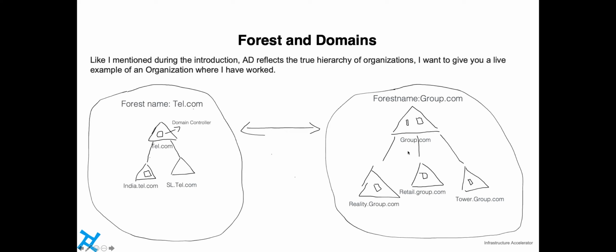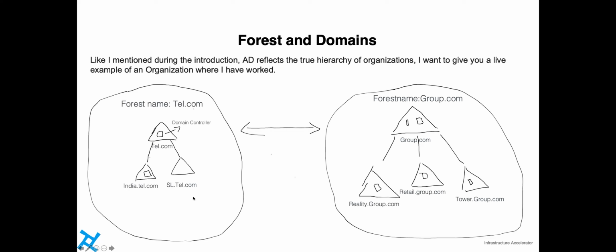But later the business evolved in a different direction, and they could not have added realty under telecom, and they could not have added retail under telecom because that's not how their organization was structured. But the group also owned telecom, so ideally it made sense that telecom could have come under the group. And as far as the organization's internal structure was concerned, that happened quite long ago, that telecom came under group.com.